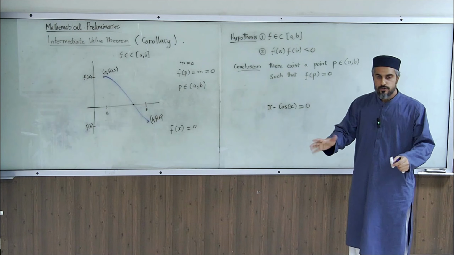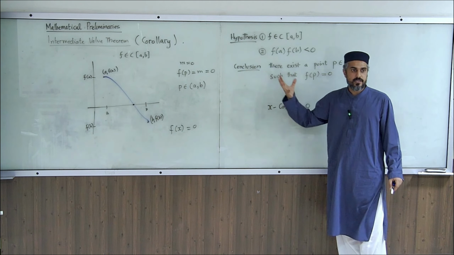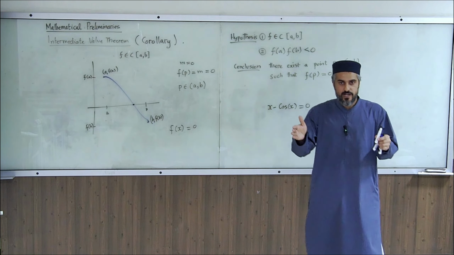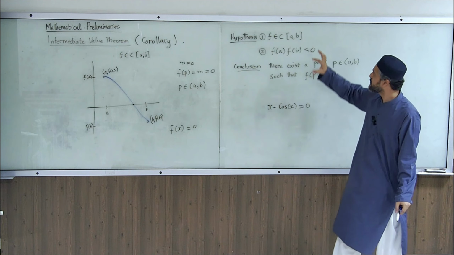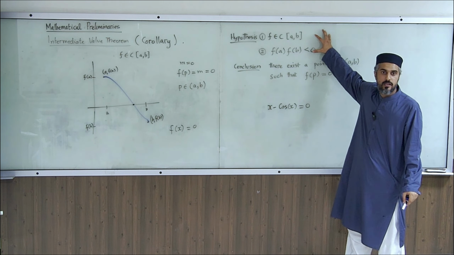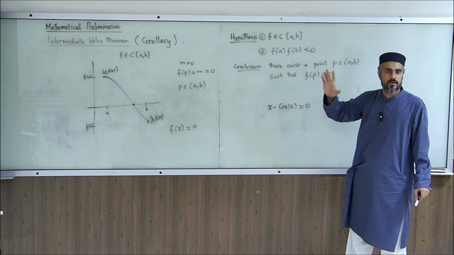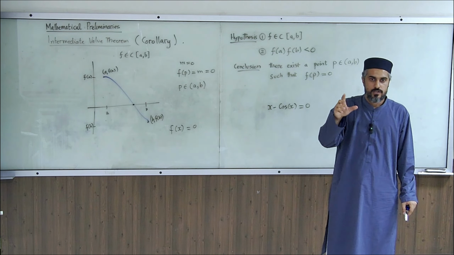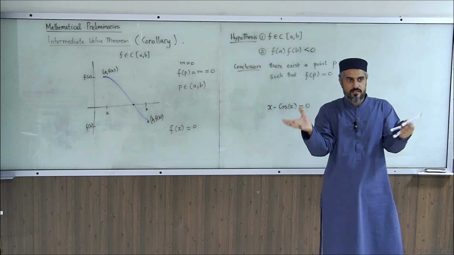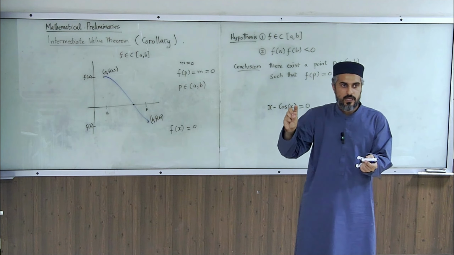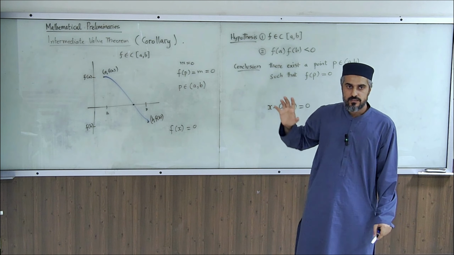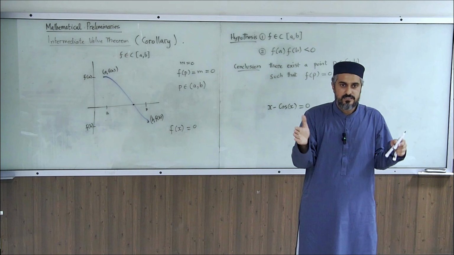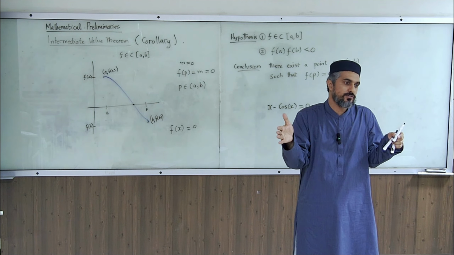So what this theorem gives us is the information that if you can find a certain interval where these two conditions hold, then we are sure that the solution lies in that interval. If I try to summarize in one sentence, this theorem ensures that this is the region where you can find your solution.